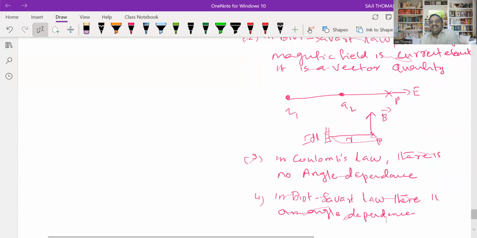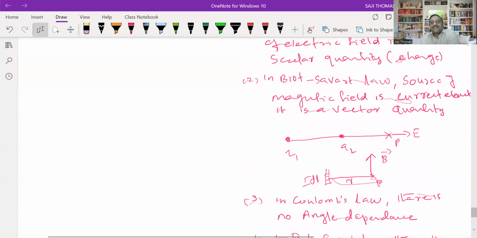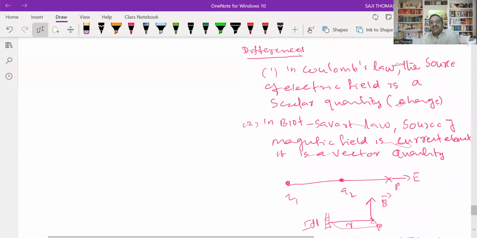So these are the comparisons between the Biot-Savart law and Coulomb's law.